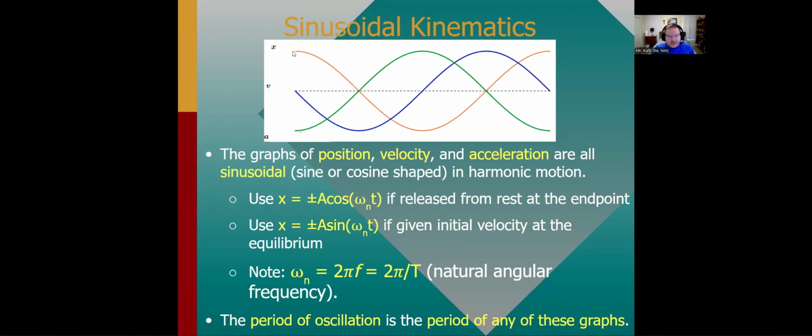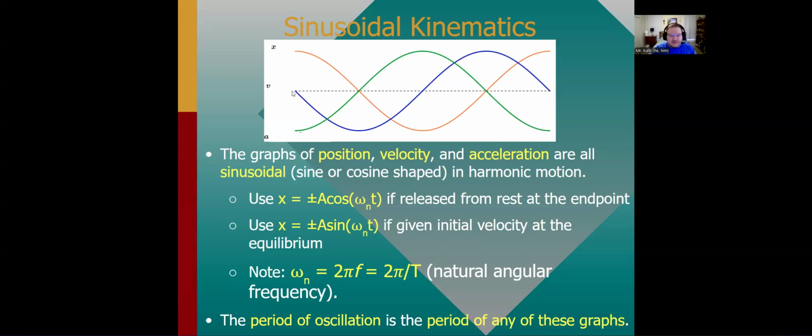In other words, something that starts from rest at an initial position you describe with cosine, whereas a sine starts at 0 but has a non-zero slope.